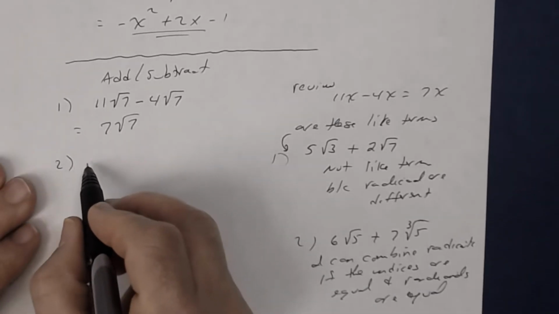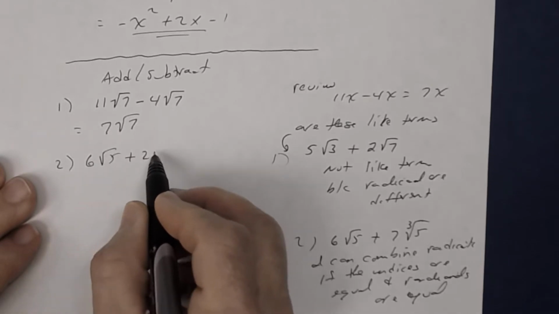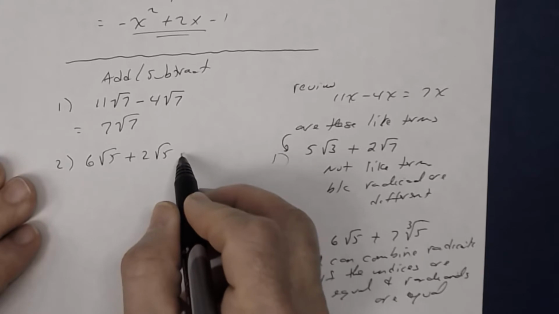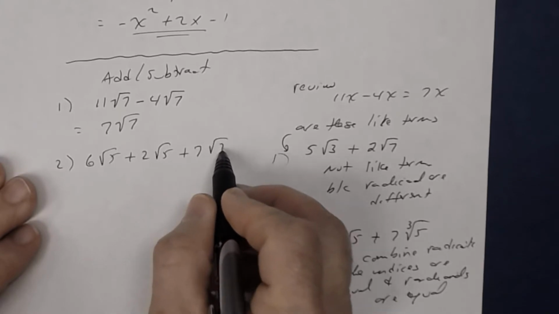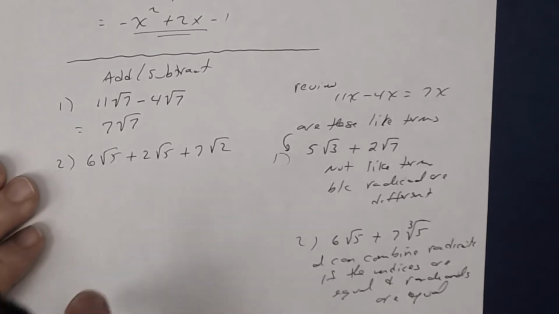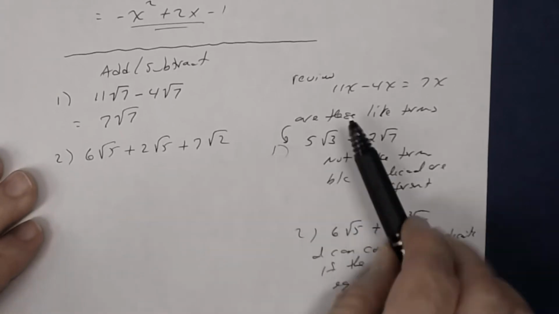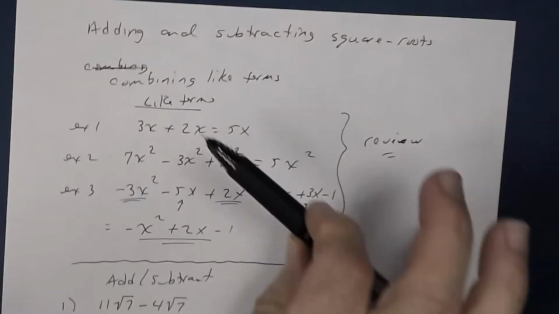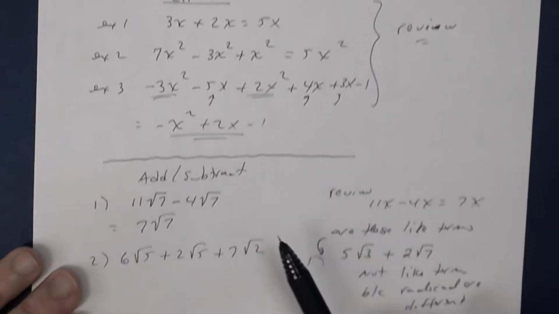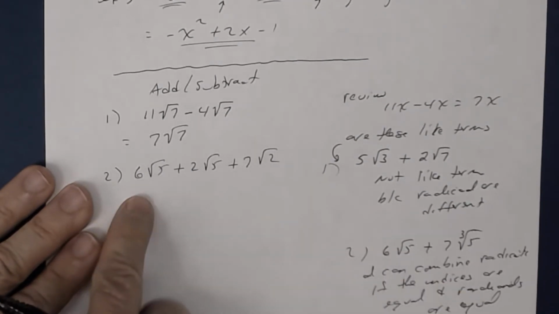Number 2, listen carefully. What is 6 square root of 5 plus 2 square root of 5 plus 7 square root of 2? How many terms do you see? There are 3 terms, right? 1, 2, 3. Based on our discussion, can I combine all of those 3 terms?